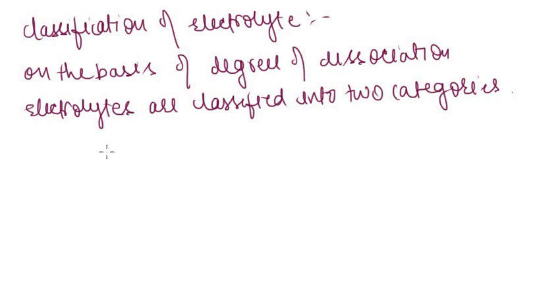So electrolytes are classified into two categories. One is known as strong electrolyte.